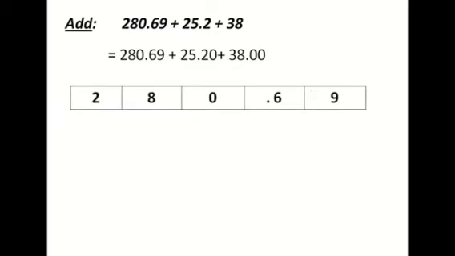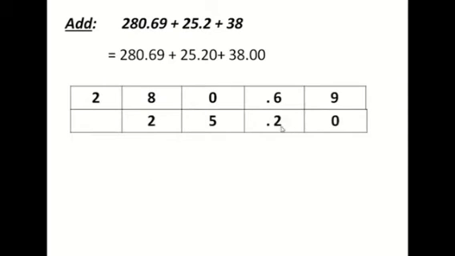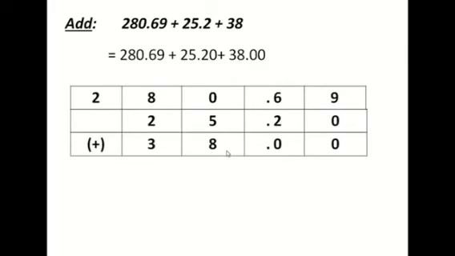So first you will write 280.69. Now go for 25.20. So 5 will be in the ones place, 2 will be in the tens place, then your decimal point, then 2 here in the tenths place, 0 will be in the hundredths place. 38.00. Have you done? Yes.